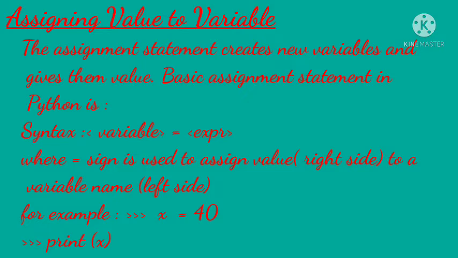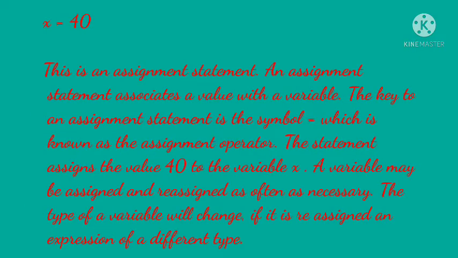For example, x is equal to 40, then type print x. The first statement, x is equal to 40, is an assignment statement. Here we used the equal to sign to assign a value, that is 40, to the variable x, and the symbol equal to is known as the assignment operator.